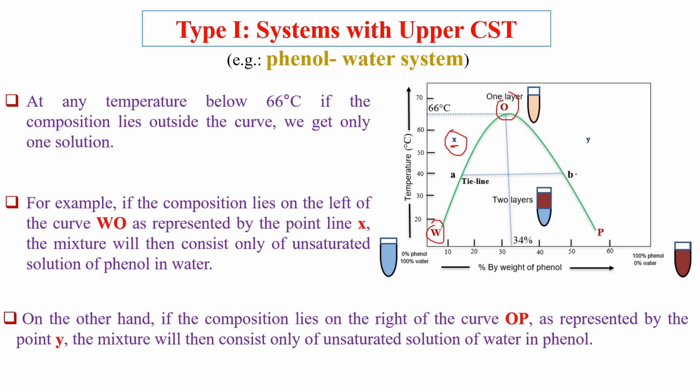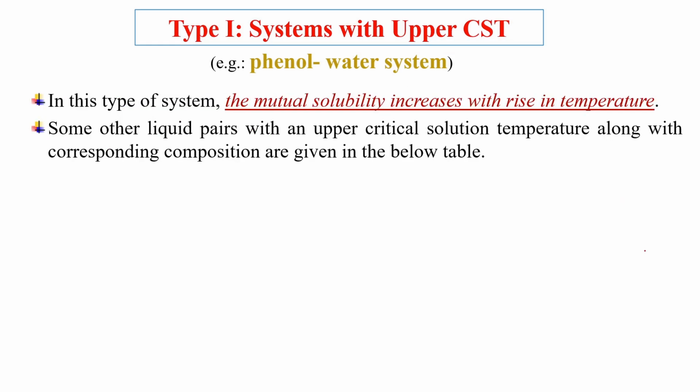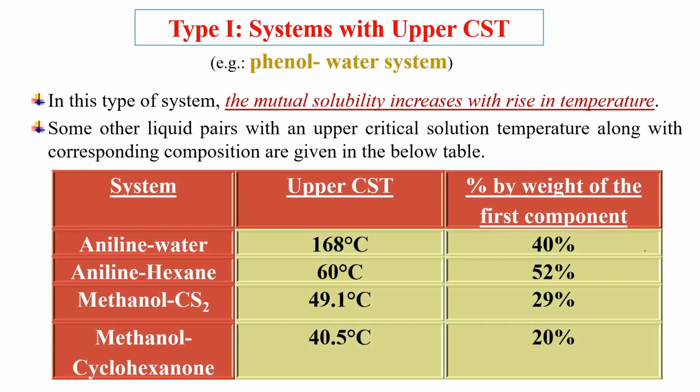On the other hand, if the composition lies on the right of the curve O and P, as represented by the point Y, the mixture will then consist only of unsaturated solution of water in phenol. That means the water quantity is less when compared to the phenol. Hence, in this type of system, the mutual solubility increases with rise in temperature. Some other liquid pairs with an upper critical solution temperature along with corresponding composition are given in this table.